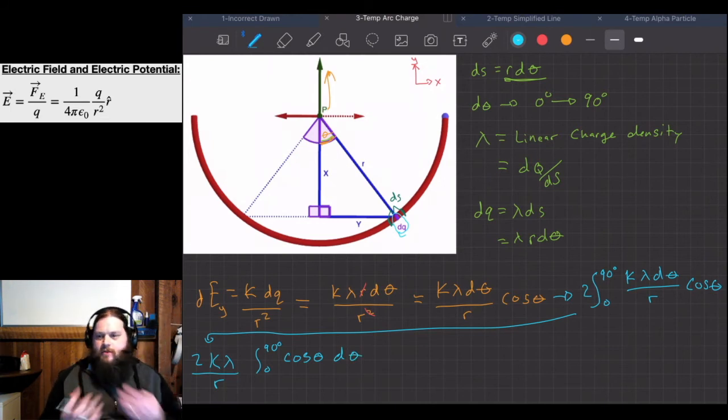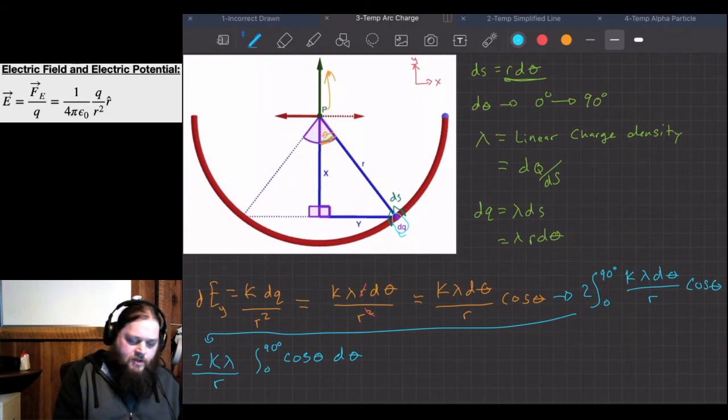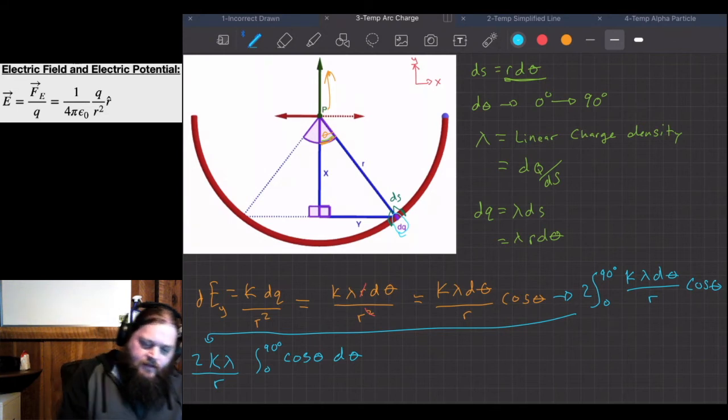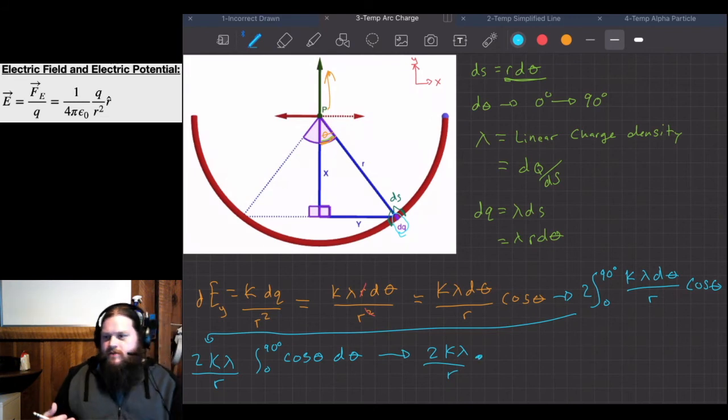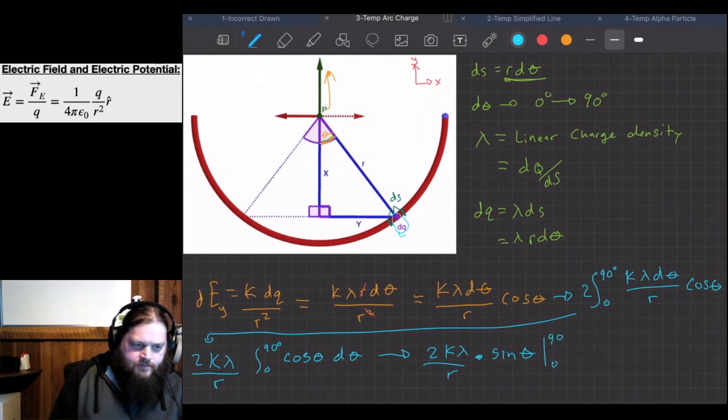So this integral became a lot simpler all of a sudden when we stopped integrating from negative 90 to 90, and when we pull out all of the constants, we just have a cosine theta d theta to integrate, which is a pretty easy integral to make. So that's going to be 2k lambda over r, times the integral of cosine, which is just sine theta, and we're going to evaluate that from 0 to 90 degrees.